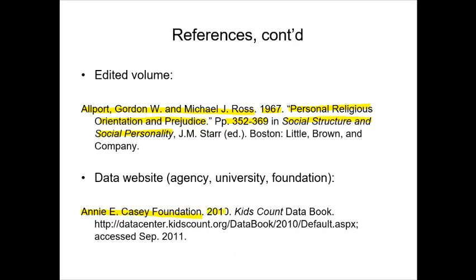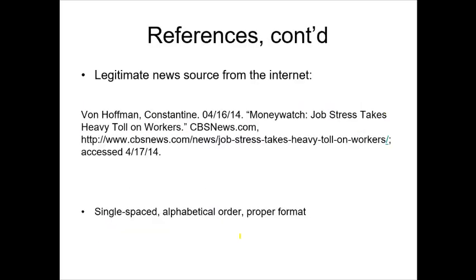But once again, the year that information was published on that website, the title of that page, and then this is the only place where you'll actually need a web link, because you will not need a web link for your peer-reviewed academic journal because it's located in the library database. We will not need a web link for that. But if you are coming straight from a legitimate website, then you would put when you accessed it at the end of it as well.